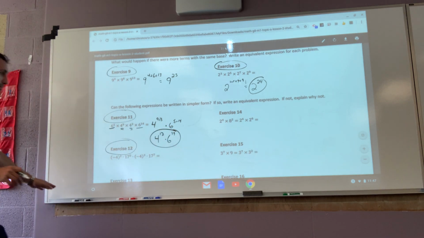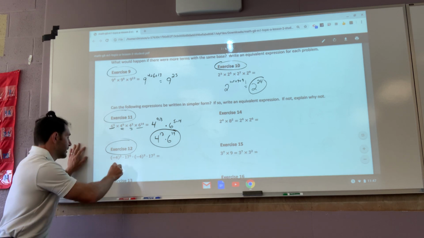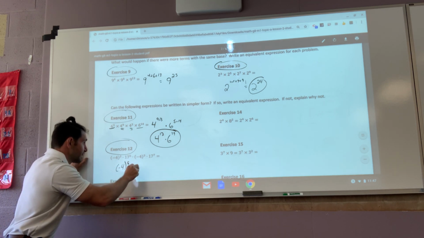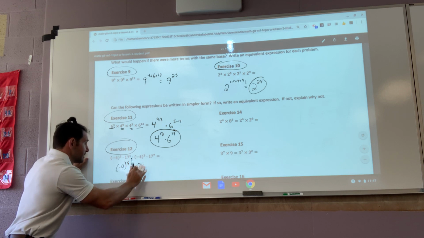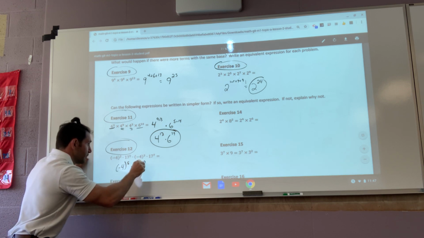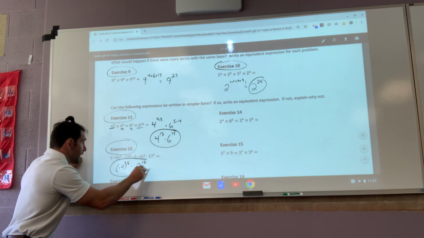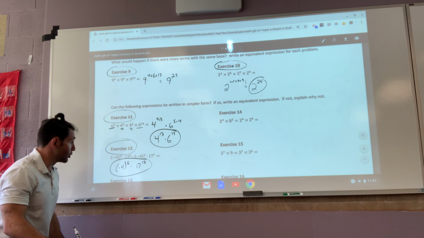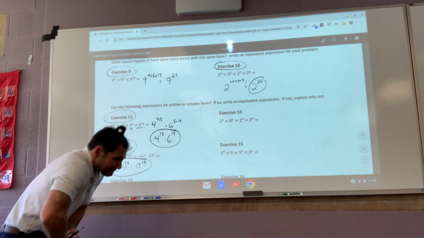Same thing down here. Negative 4 to the 2 plus 3 is 5, multiplied by 17 to the 5 plus 7 is 12. So I skipped the step where I had to add. Why? Because I'm a good adder. I'm good at this. Questions there?